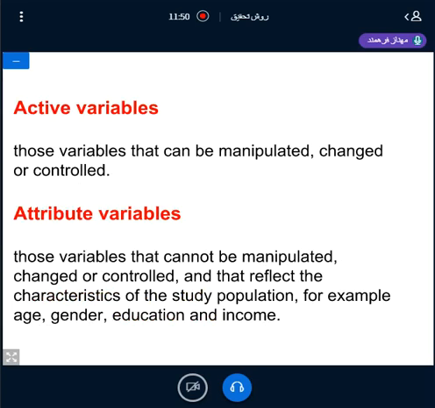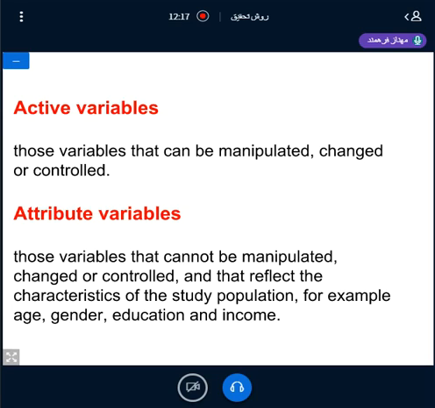Active variables are those variables that can be manipulated, changed, or controlled. So we name these variables active variables. You know, in writing a proposal, you must distinguish active variables from attribute variables.